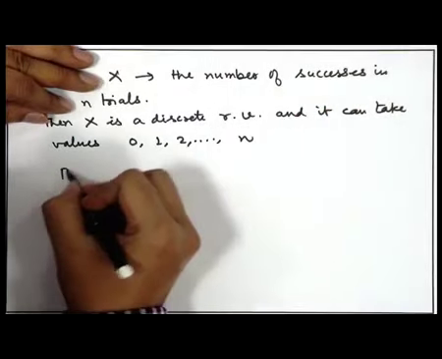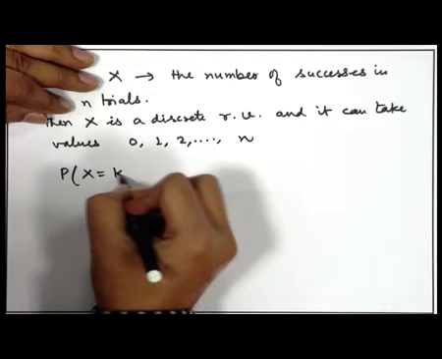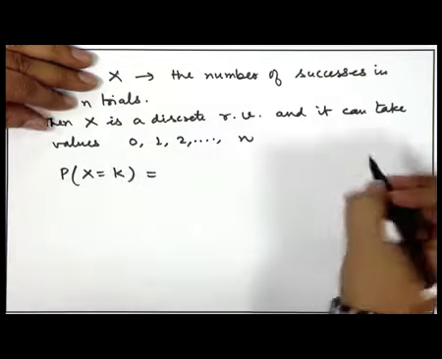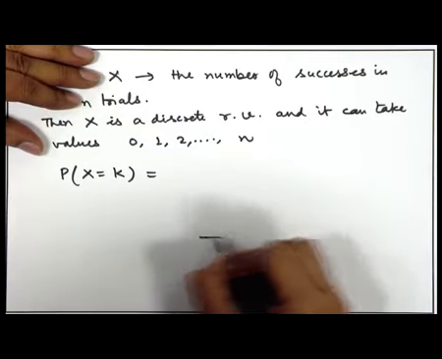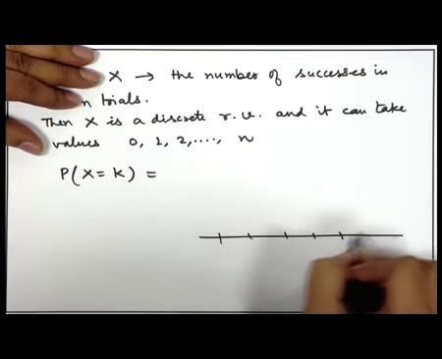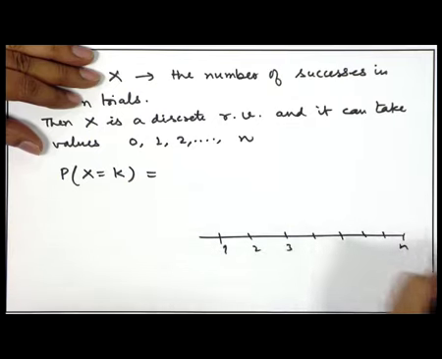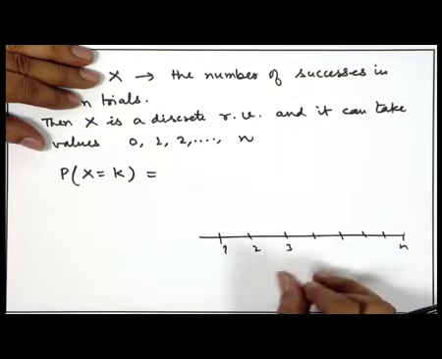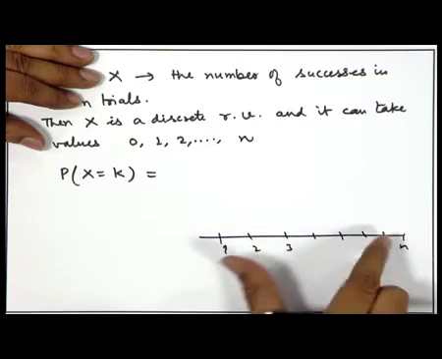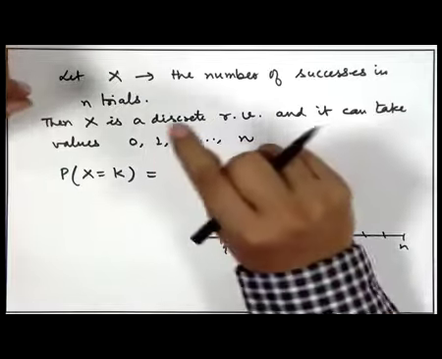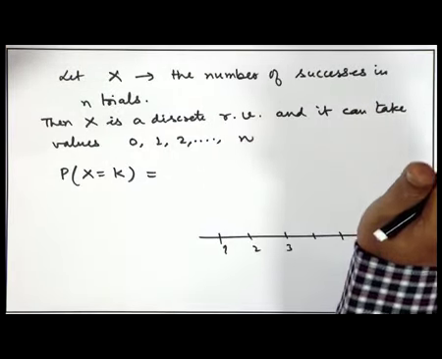What is the probability of, say, X equal to K? Now, let me just draw it here, these are the trials, 1, 2, 3 and so on. You are saying that out of n trials, K of them are successes. The trials are conducted independently.